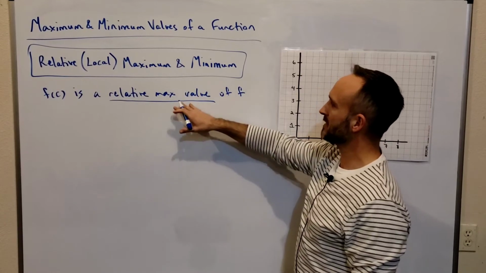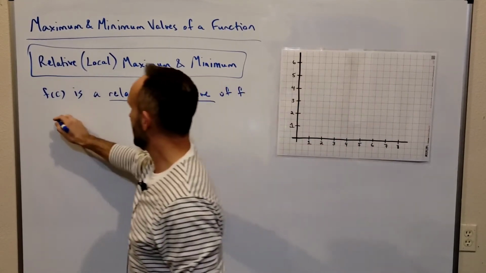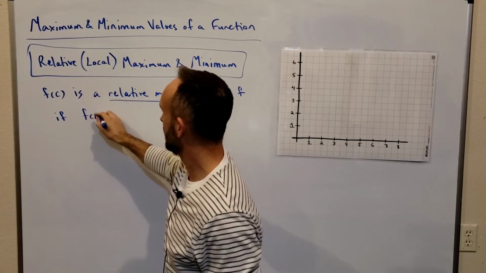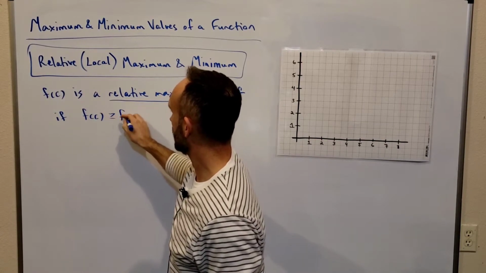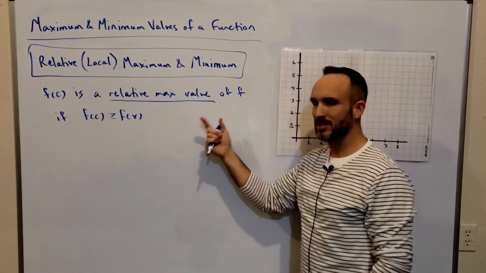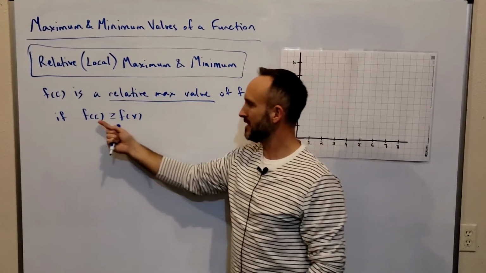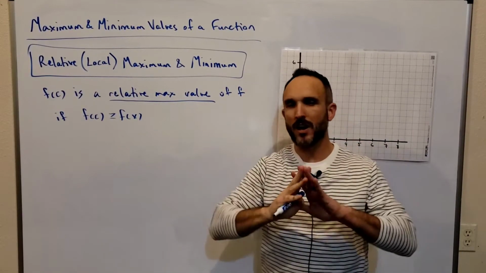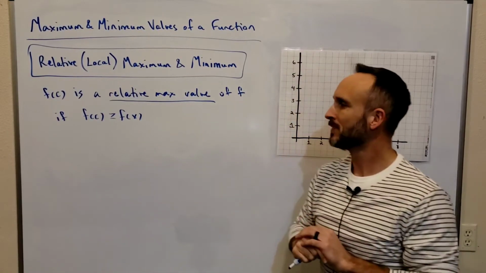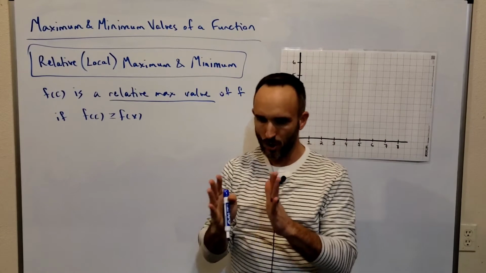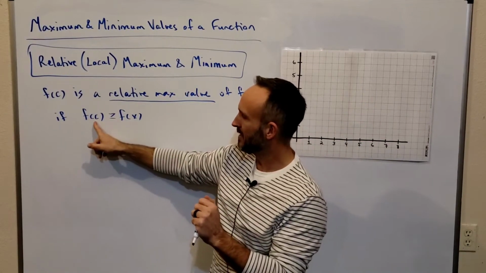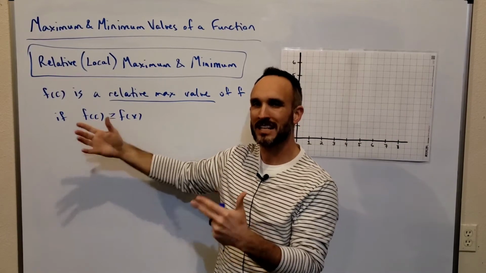So f of c is a relative maximum value of f if, similarly to the last definition, f of c is greater than or equal to f of x. And what changes here is what follows this. Which x values does this need to be true for? If it were true for every x value, then this would simply be the definition of the absolute maximum value. But instead, when we're talking local, we're talking about x values that are close to this input c, right? c is an x value.